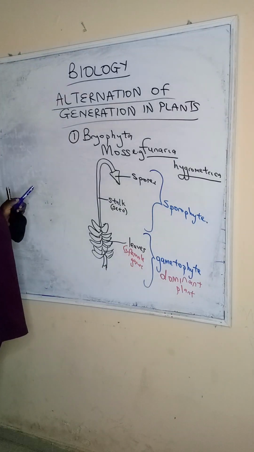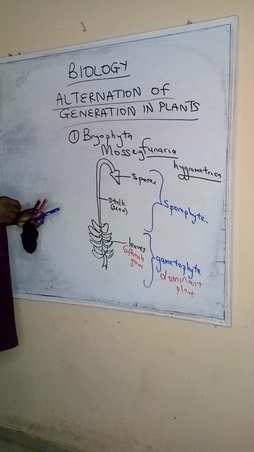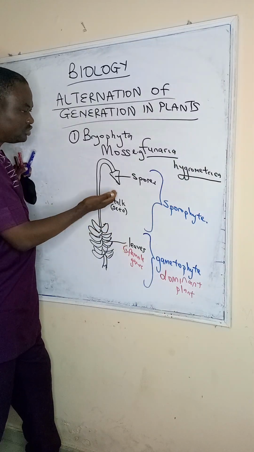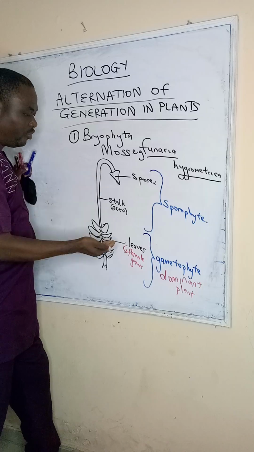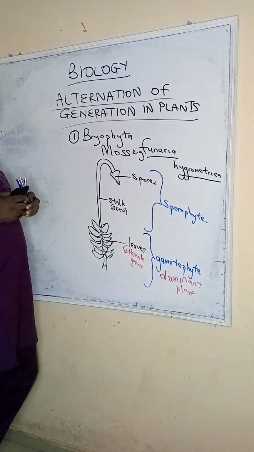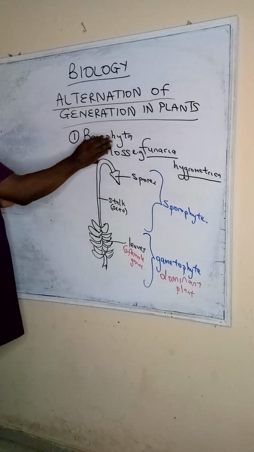Once the male and female gametes are produced, they form spores. Spores grow again, develop by meiosis to form gametophyte again. So that is bryophyta, Funaria hygrometrica.